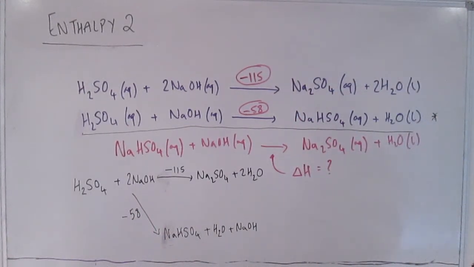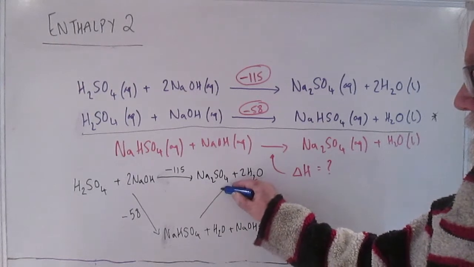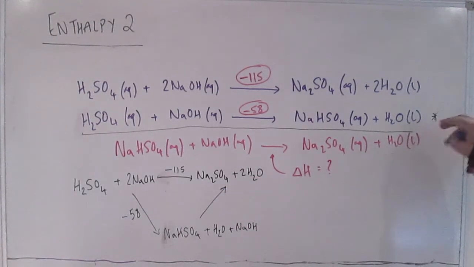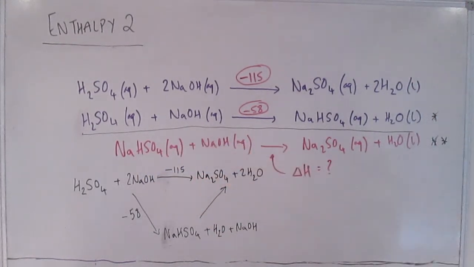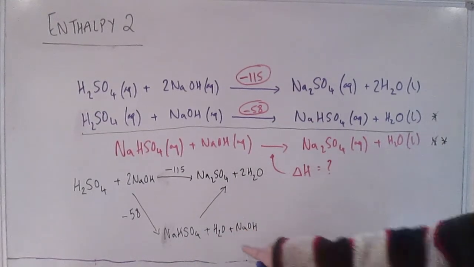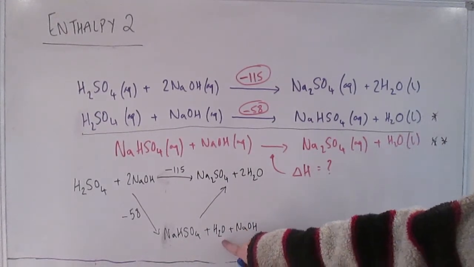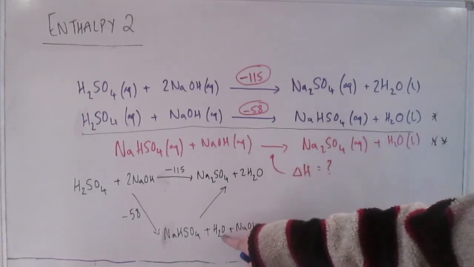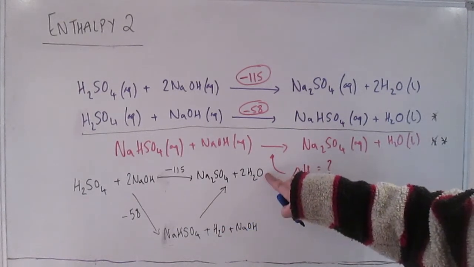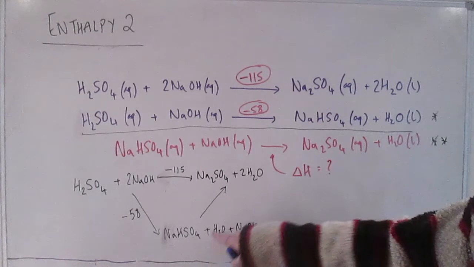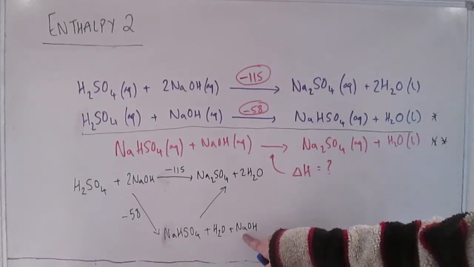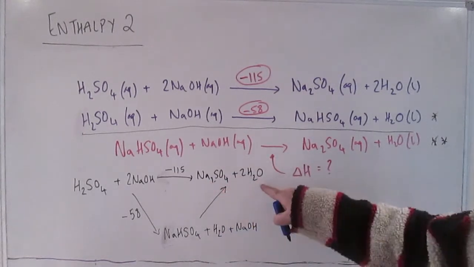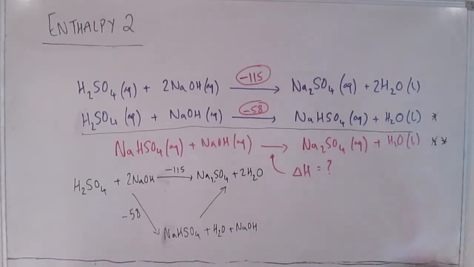Now if we come up here, this reaction is actually the same as this one, because this reaction says that we have 1 mole of NaHSO4 and 1 mole of NaOH, so we've got those, but we've got a water as well. Is that a problem? Well, no, because that water's still there at the end. So again, you've got one water turning into two waters, so we cancel one of the waters out and say actually going up there you've just got NaHSO4 plus NaOH goes to Na2SO4 plus one water, which is that equation there.